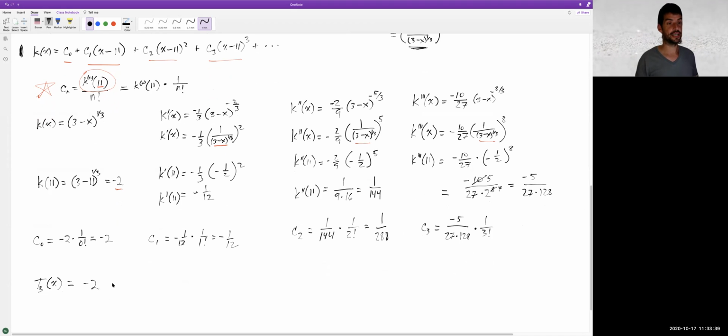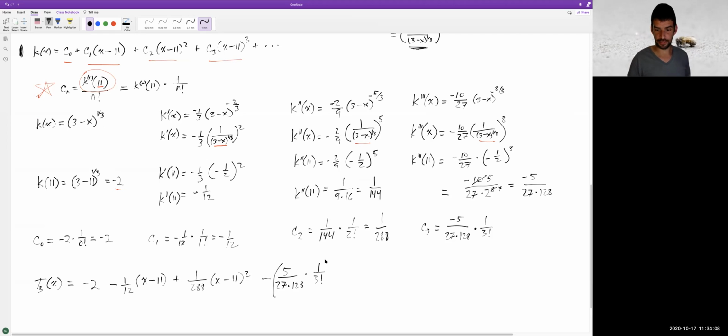There's my constant term, then -1/12 times a linear term in x, then plus C2, which was 1 over 288, times x minus 11 squared. And then we get minus 5 over 27 times 128 times 1 over 3 factorial.